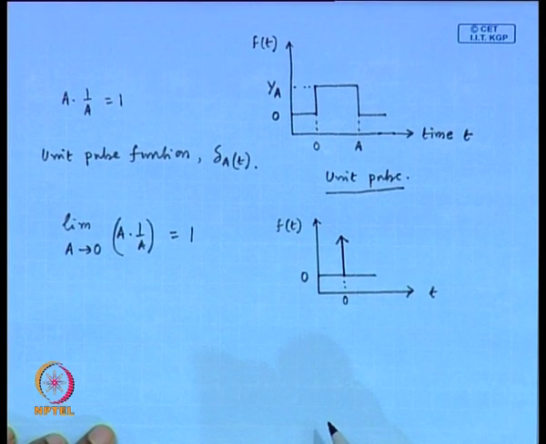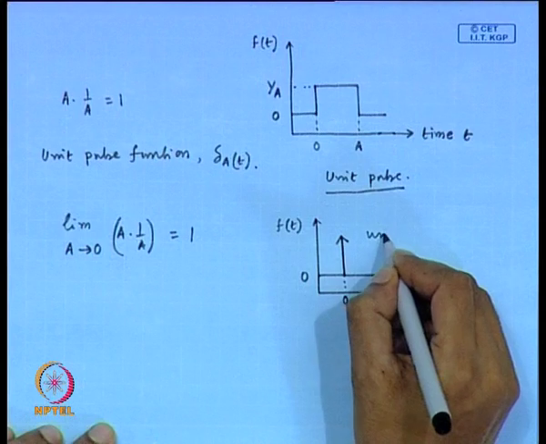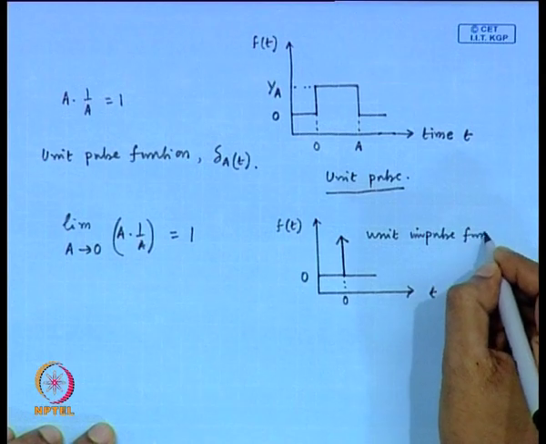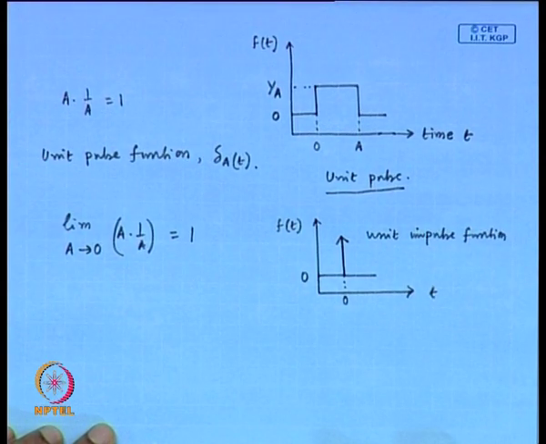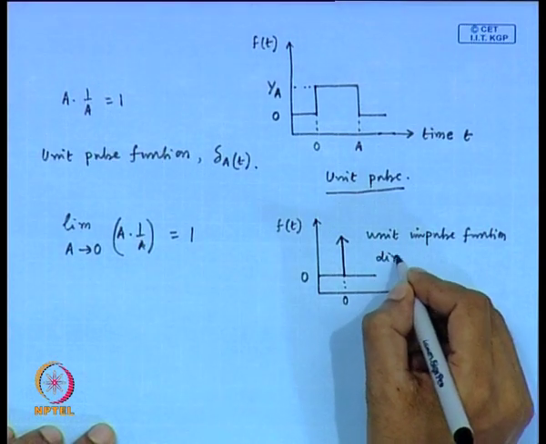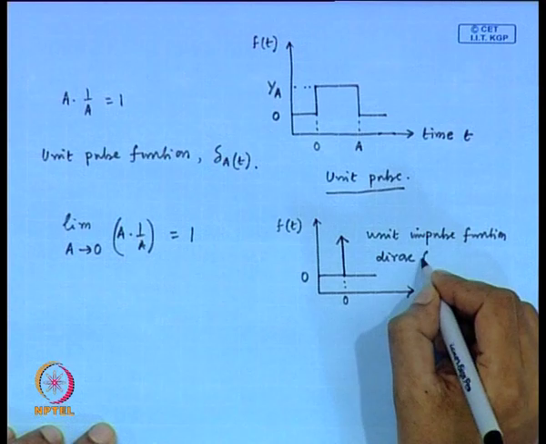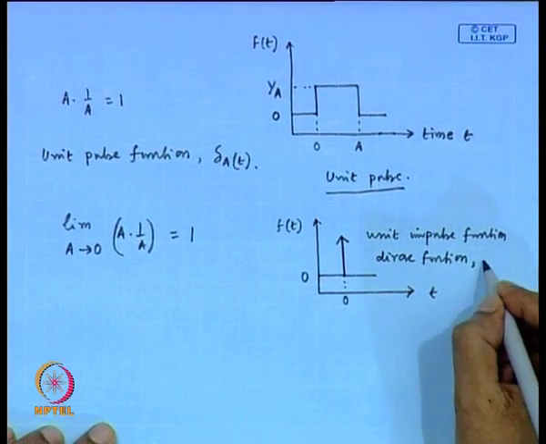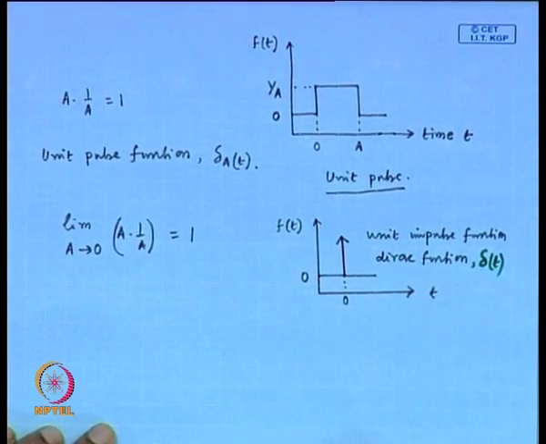This function is called the unit impulse function. It is also called the Dirac function and it is conventionally represented by del(t). This is called the Dirac function or unit impulse function and it is represented by del(t).